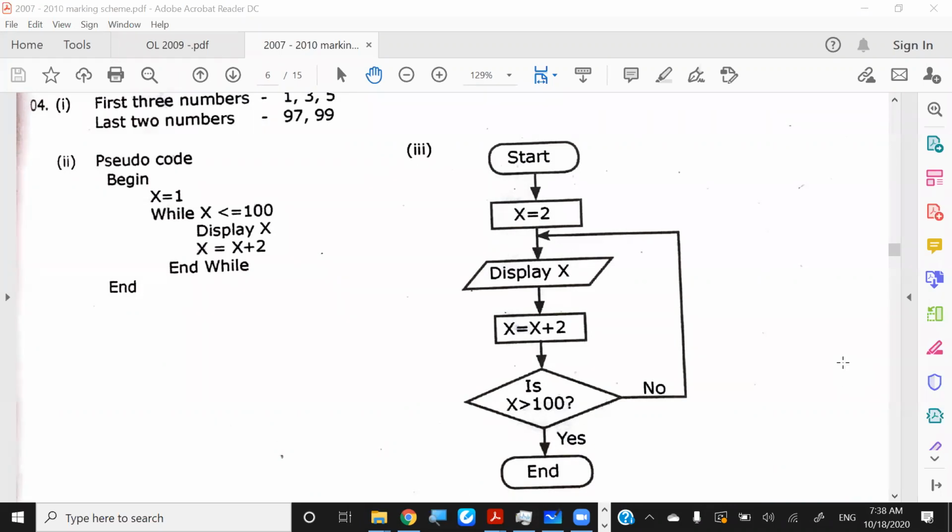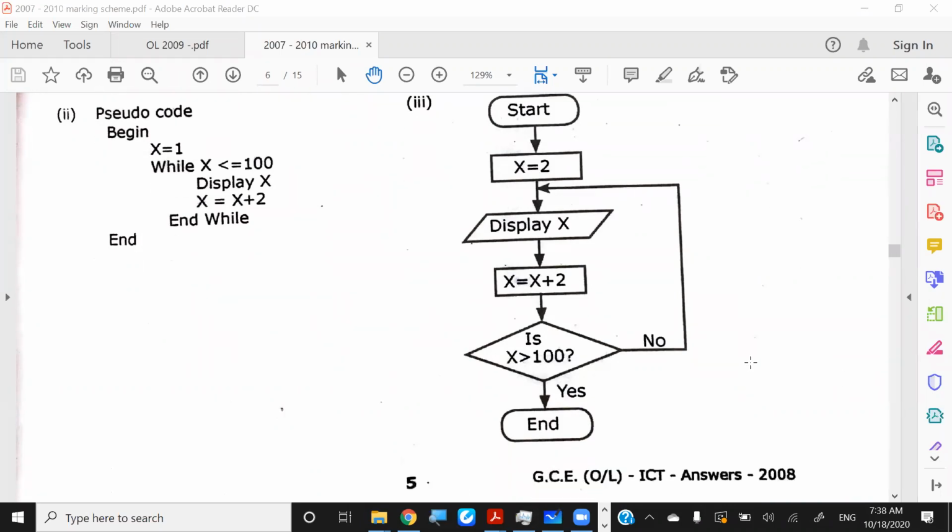So what they're asking in the very first place is to figure out what are the first three values and last two numbers displayed by this, right?